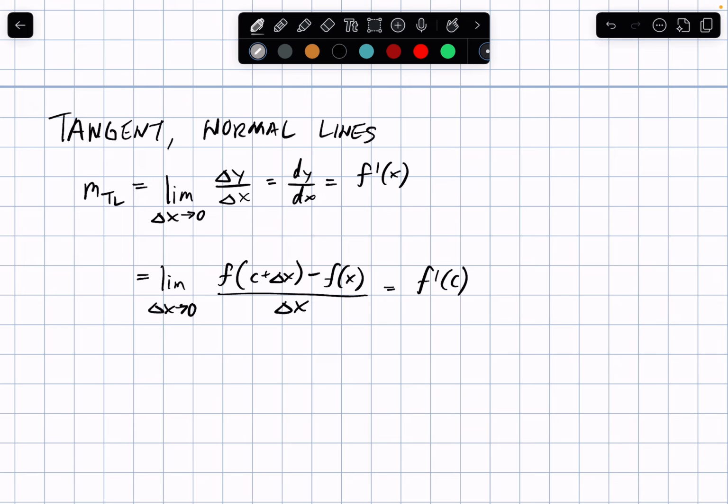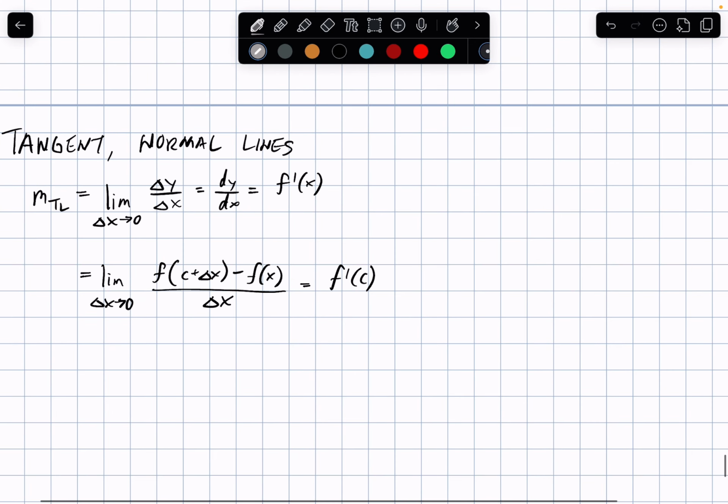Let me show you an illustration of the relationship between a tangent and a normal line. We have a curve.